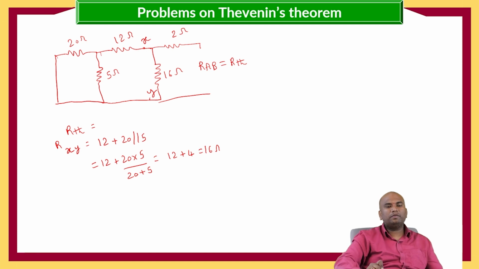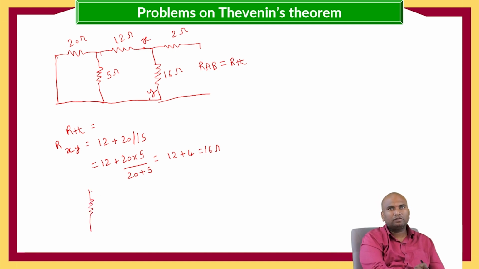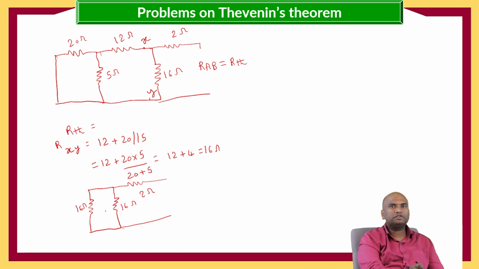Now the circuit will be replaced with the 16 ohms, 2 ohms, 16 ohms, 16 ohms. Now these two 16 ohms are connected in parallel, that is in series with the 2 ohms.